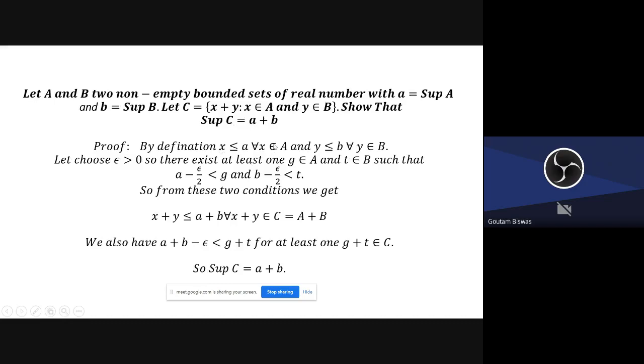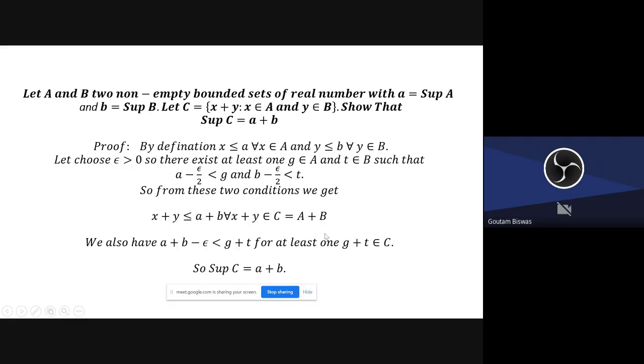for all X in A this holds, and for all Y in B this holds. So epsilon we have chosen. So A minus epsilon by 2 is less than G, where G is any member of A, and B minus epsilon by 2 is less than T, where T is any member of B. So from these two conditions, we get X plus Y is less than or equal to A plus B, just adding these two here, for all X plus Y belonging to C, and C is equal to what?